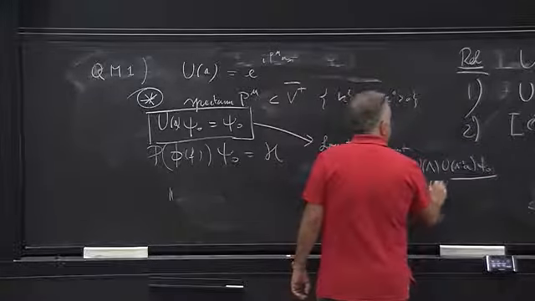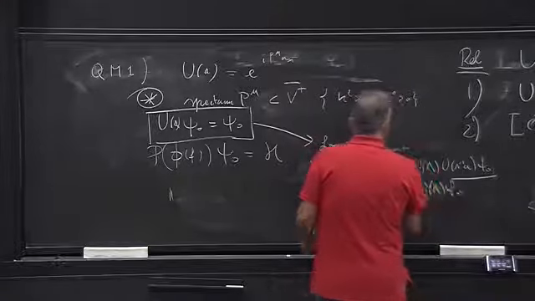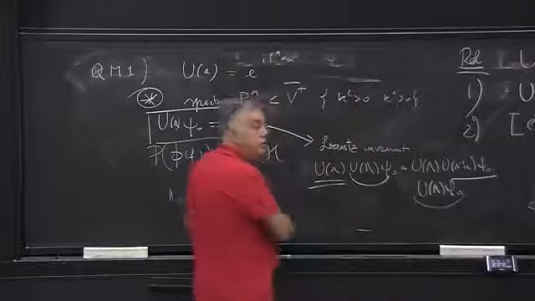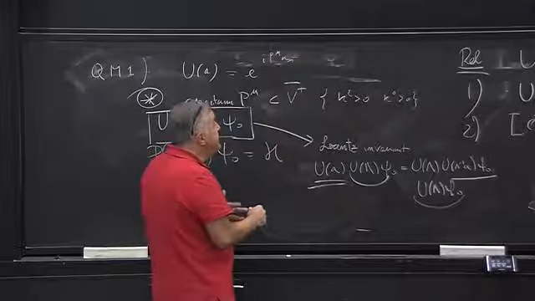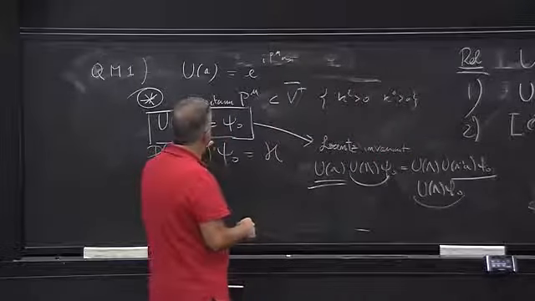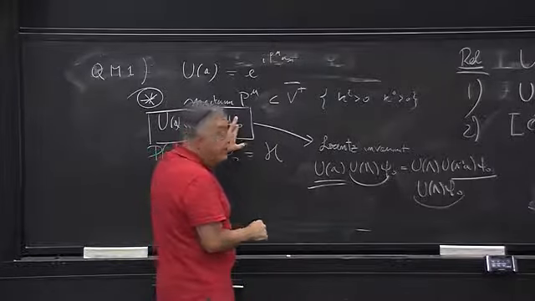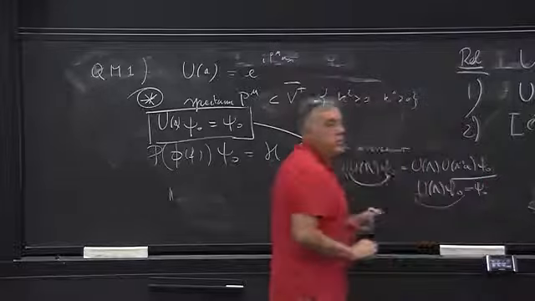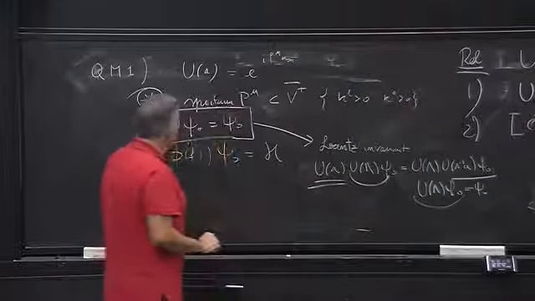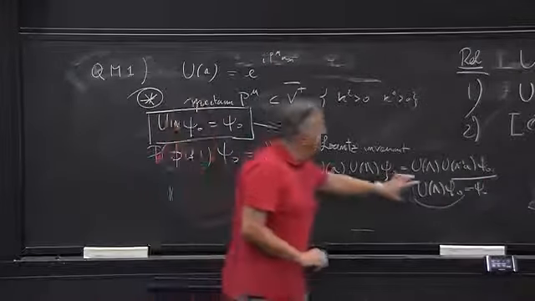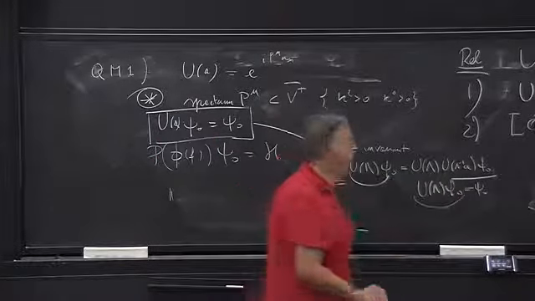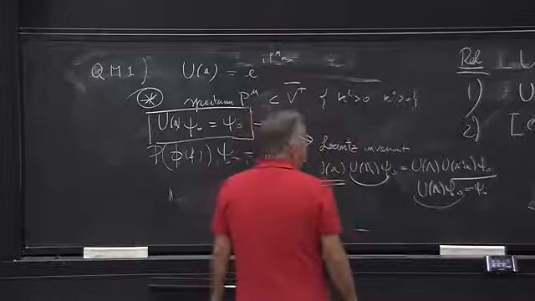This is u of lambda psi 0. So you see that u lambda psi 0 is invariant under translation. But since the state which is invariant under translation is unique, u lambda psi 0 has to be psi 0 also. So invariance under translation implies invariance under Lorentz transformation. First statement.